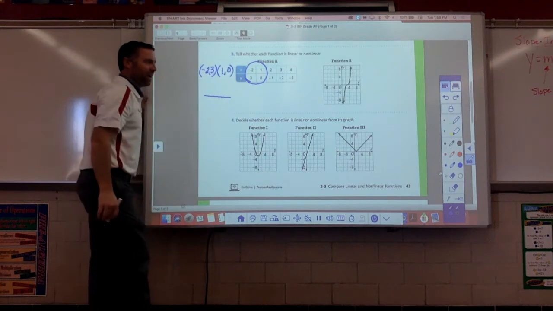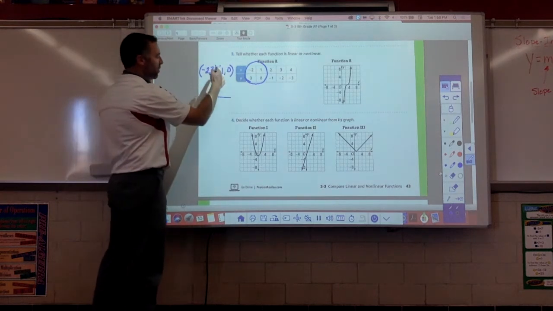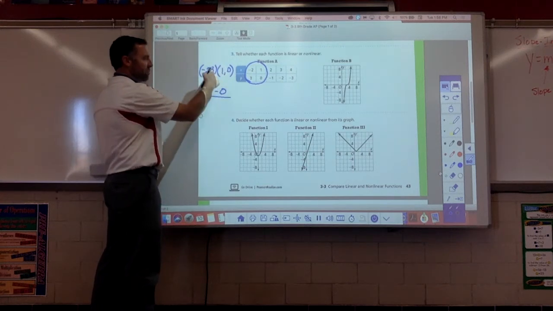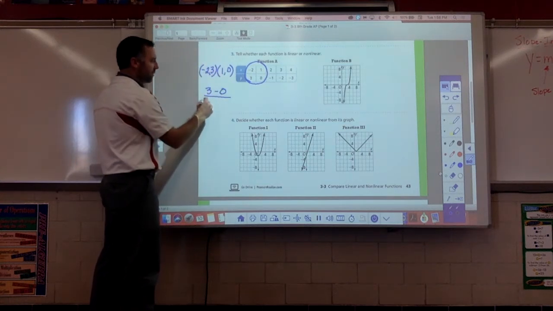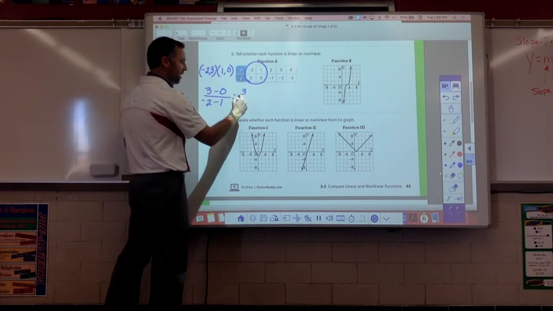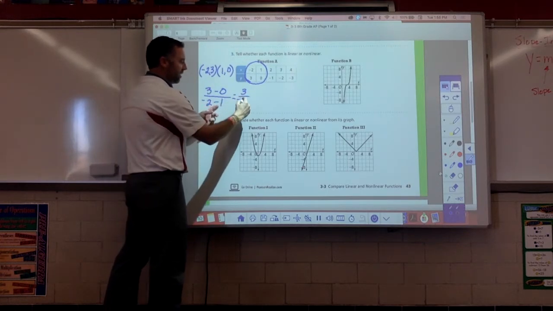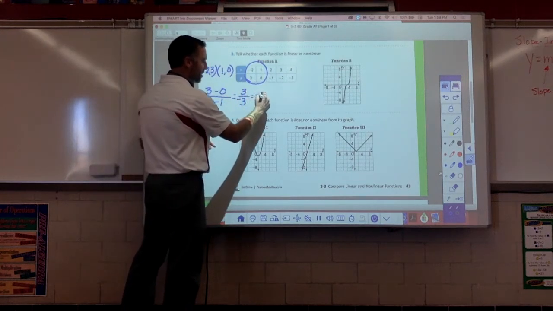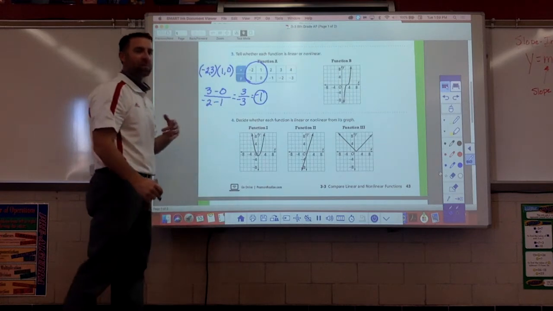Y minus y, x minus x. Let's start with the big one minus the small one. So 3 minus 0 as my y values. Bottom's got to be -2 minus 1. Well, 3 minus 0 is 3, and -2 minus 1 is -3.